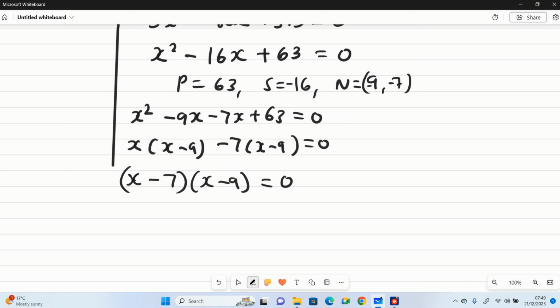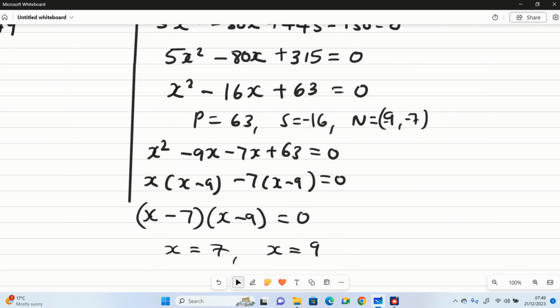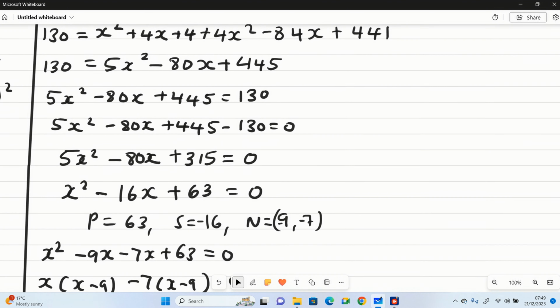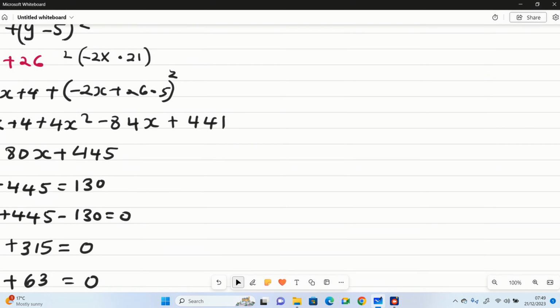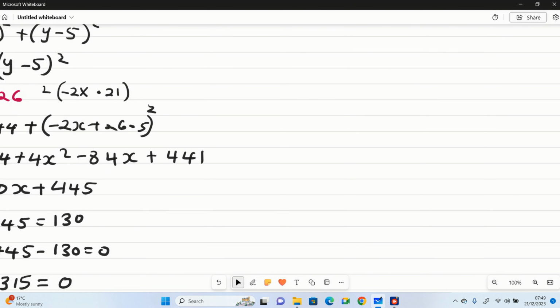So this means that if the two are giving us the product 0, then x minus 7 should be 0, and this is giving us the value of x to be 7, and the other one is giving us the value of x to be 9. And because we already have 7, in this case we are going to take the x coordinate being 9.